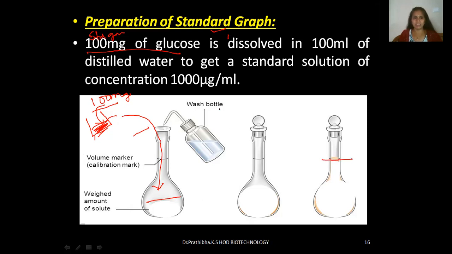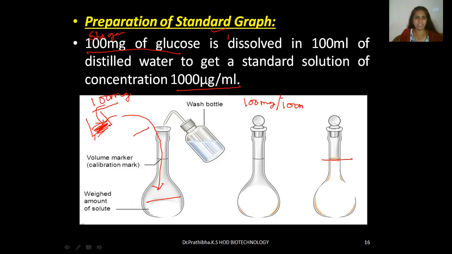You can label this with the concentration, that is 1000 microgram per ml. How did you get this 1000 microgram per ml? We took 100 mg of glucose and dissolved it in 100 ml.